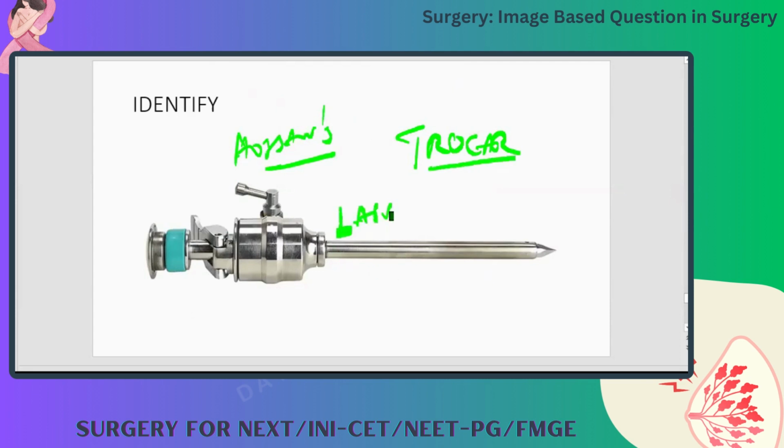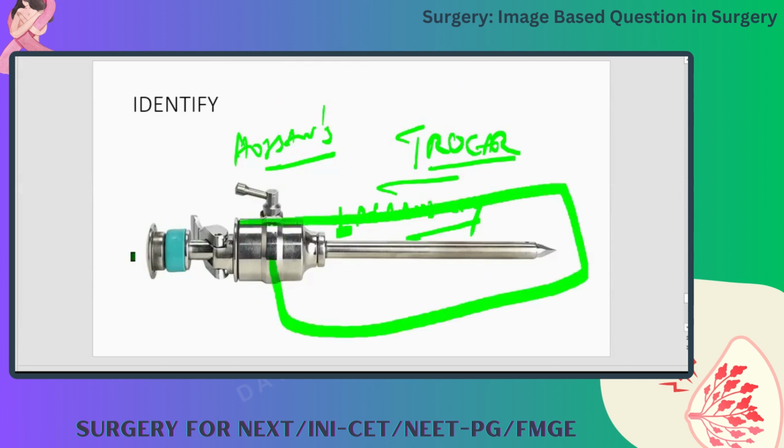Laparoscopic surgery. This part is left inside and this is removed, so there is a hole through which you can insert your instrument. Once you put a Veress needle, give carbon dioxide, the abdomen gets distended. Take the needle out, put the trocar inside. The trocar remains there, then you put your laparoscopic instrument and operate.